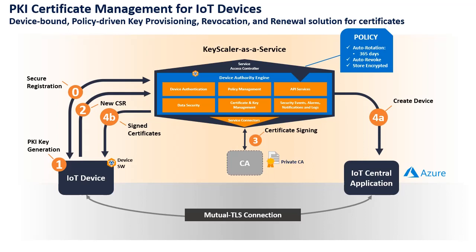And once that is completed, as part of 4B here, the signed certificate is sent back down to the IoT device, and then the mutual TLS connection that you can see at the bottom of this diagram is free to take place, knowing that KeyScaler has already automated and taken care of all of that device registration and communication with the IoT Central application.